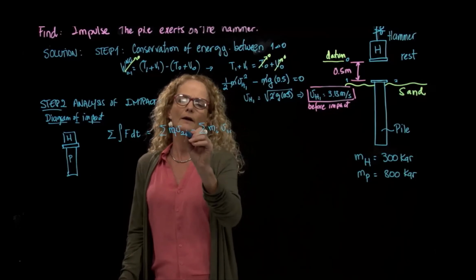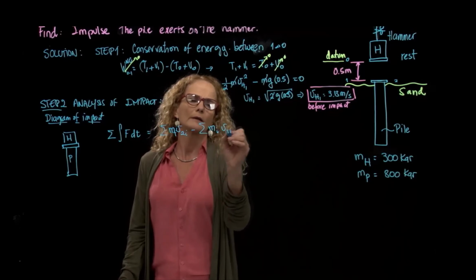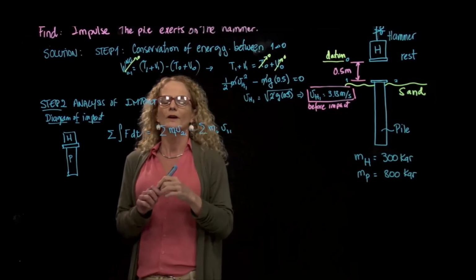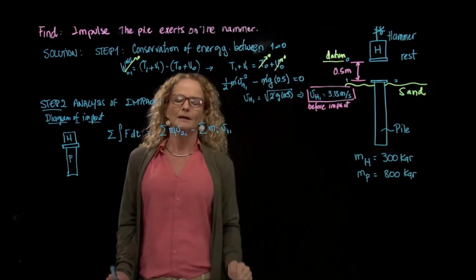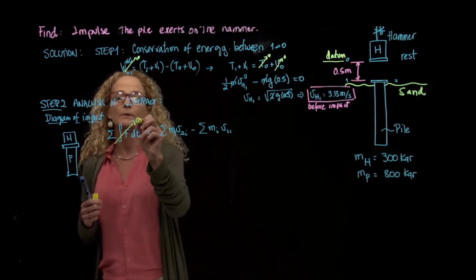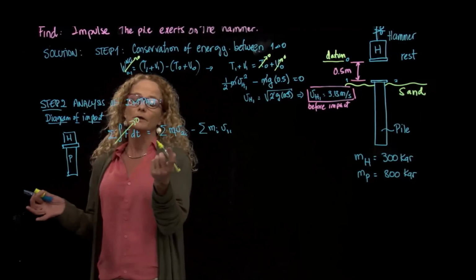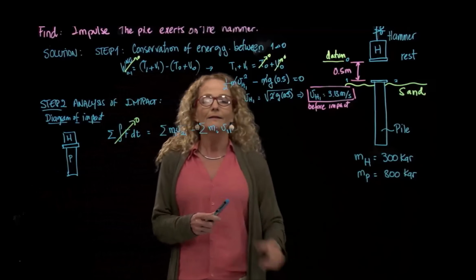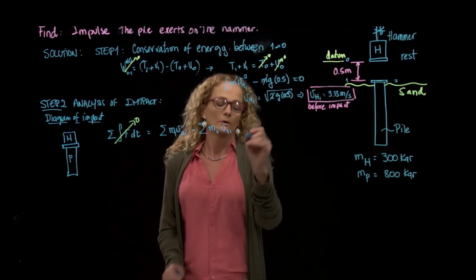So this is the difference in linear momentum. We know that this is 0, because as we analyzed in our diagram of impact, we don't have any external impulse. So we can say that there is conservation. Let me write it here.